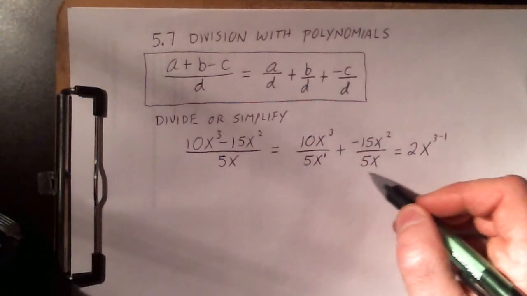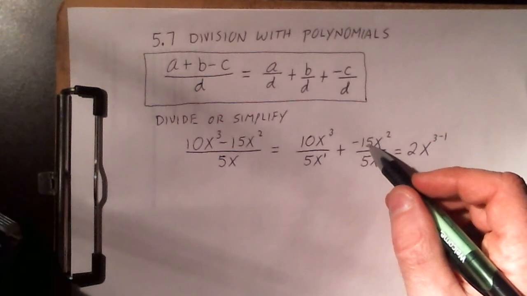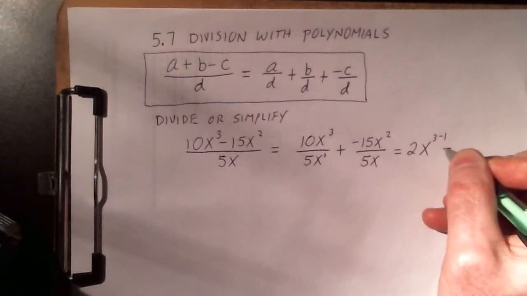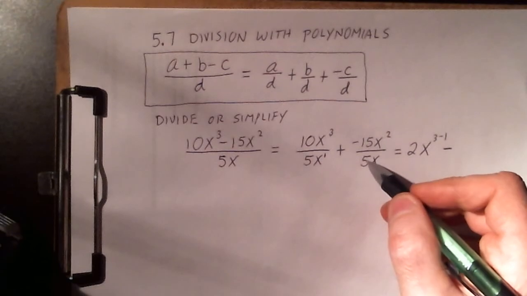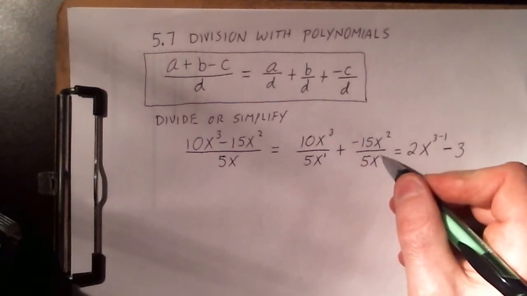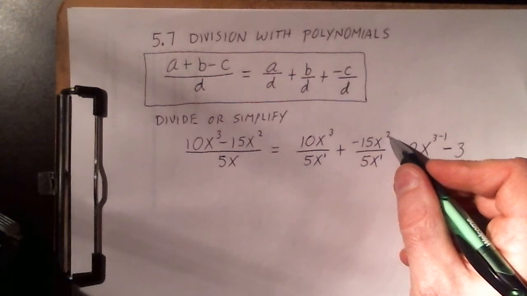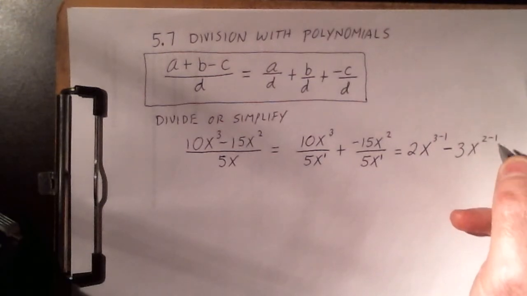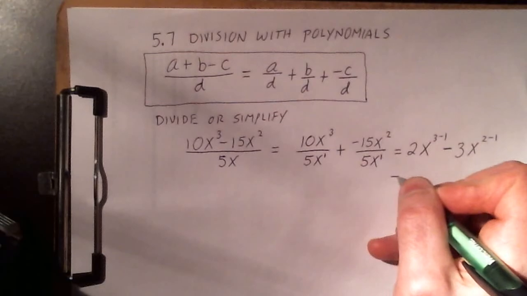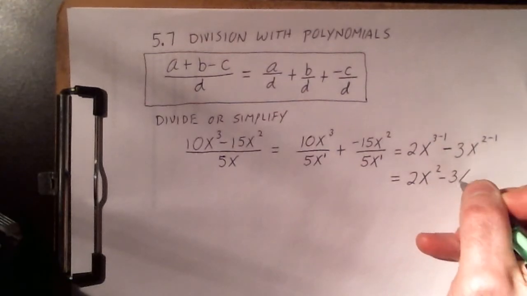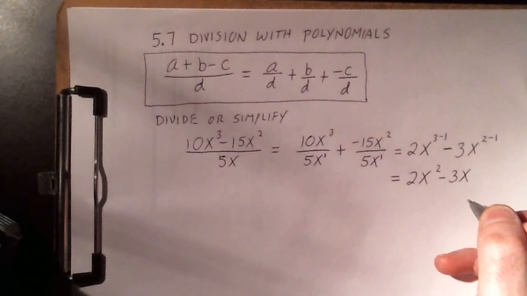Now this quotient is going to be a negative because we have a negative divided by a positive, and plus a negative is the same thing as just saying minus. 15 divided by 5 is 3. X to the second power divided by x to the first power is x to the 2 minus 1 power. Finally, our simplified quotient is going to be 2x squared minus 3x. And we're done with that one.